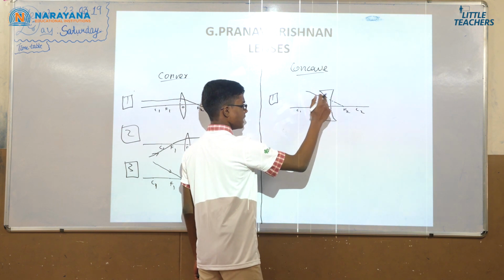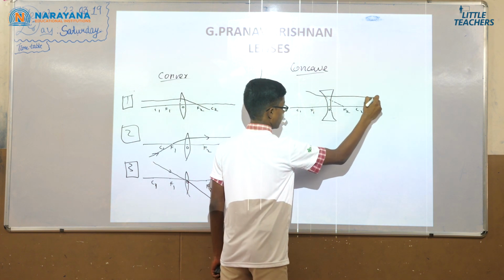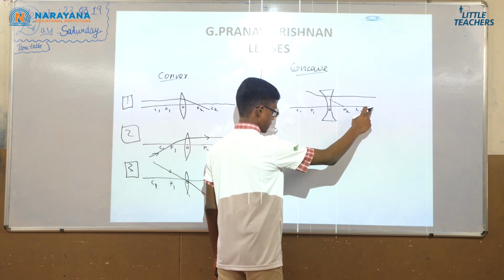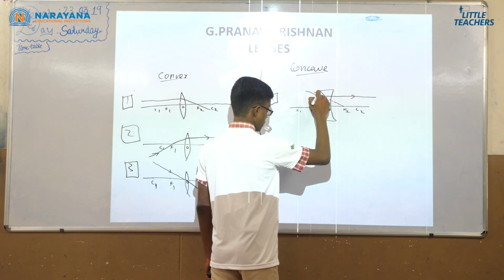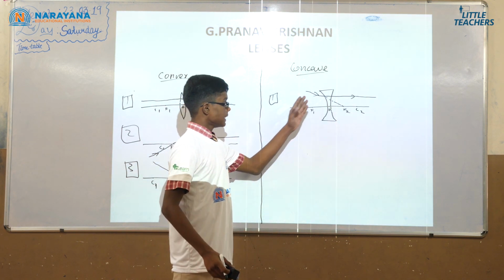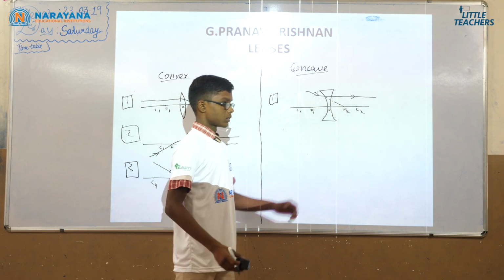This ray, after getting incident on the lens, refracts and goes parallel to the principal axis. So we can say any ray which is emitted towards the focus and gets incident on the lens goes parallel to the principal axis.